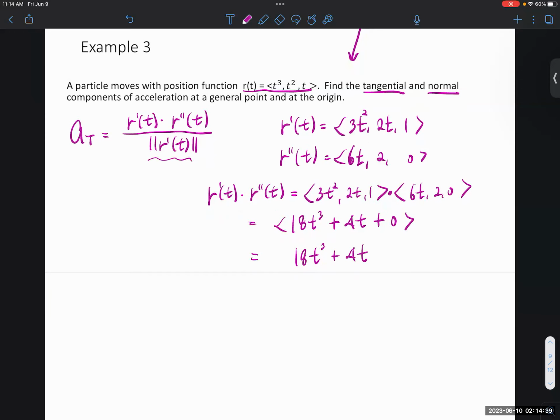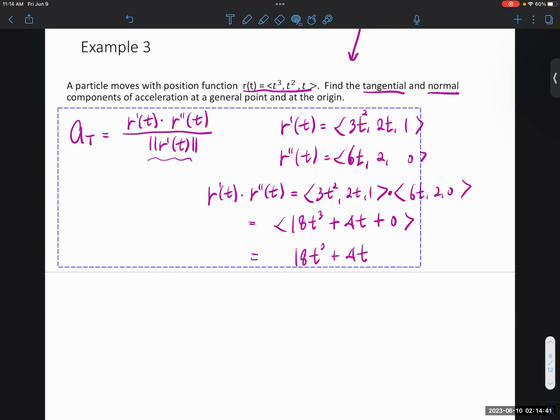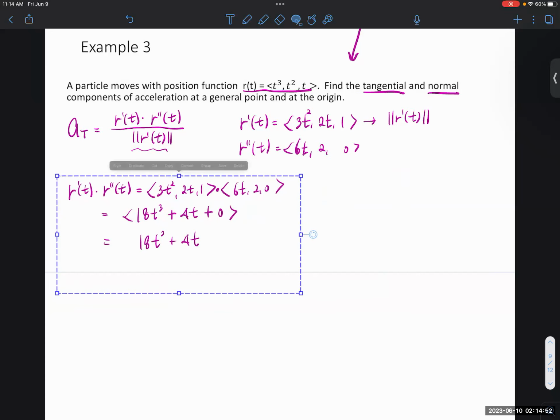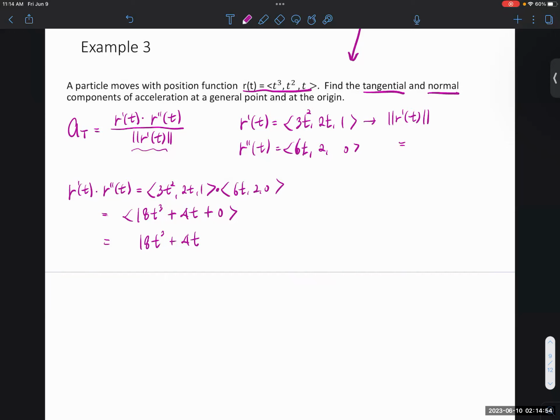Now we need to find the magnitude. So let me minimize it. The magnitude of this is going to be the square root of 9t to the 4, plus 4t squared, plus 1. So this is the magnitude.